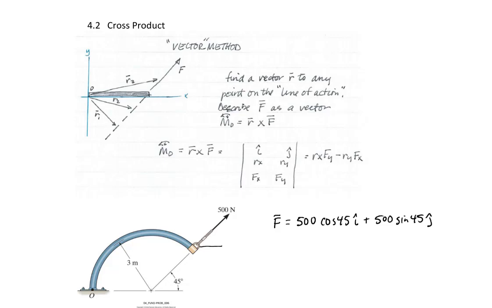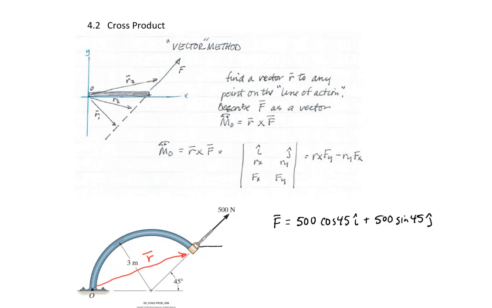Now the r vector, again, can be from the point that we care about to any point along the line of action. So first of all, let's just call that our r vector. That's a good one. It is certainly going to the line of action of the force, so let's define r. This is a position vector, so it has magnitude and length, and that's what we're looking for.